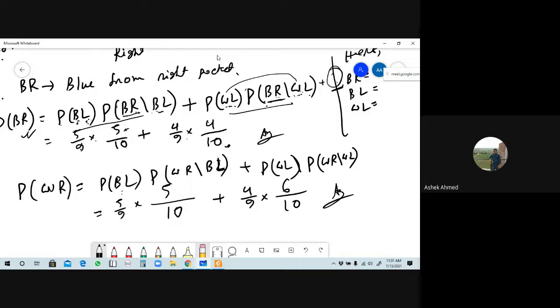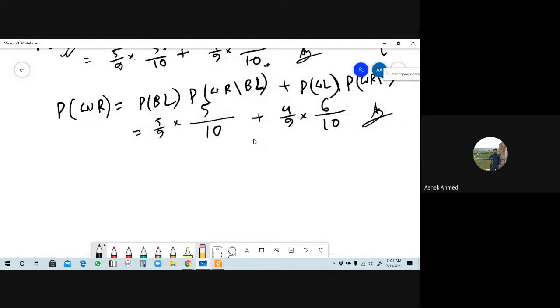Now tell me, if we want to find the probability of the same color, I have already discussed it in the last class. Can you remember?